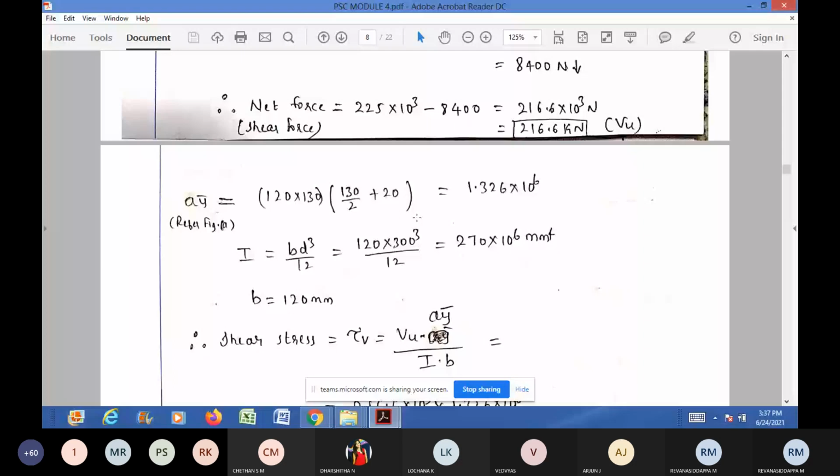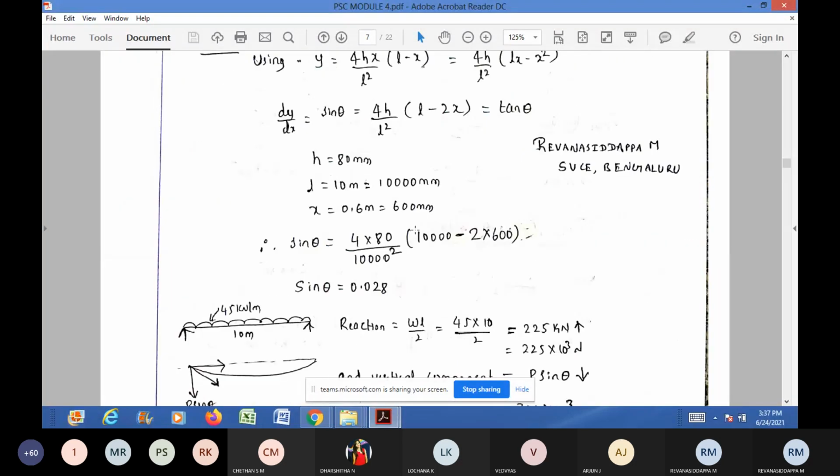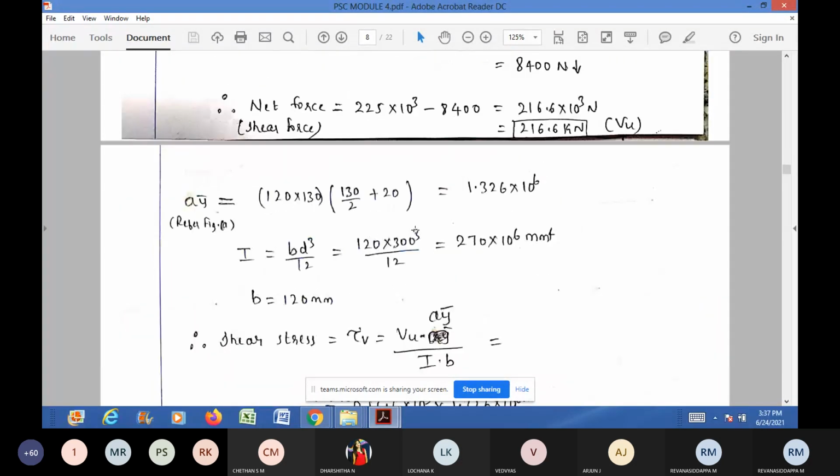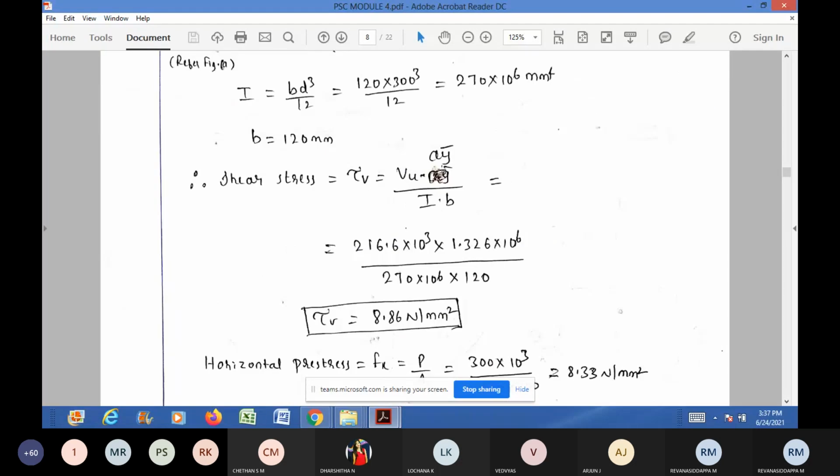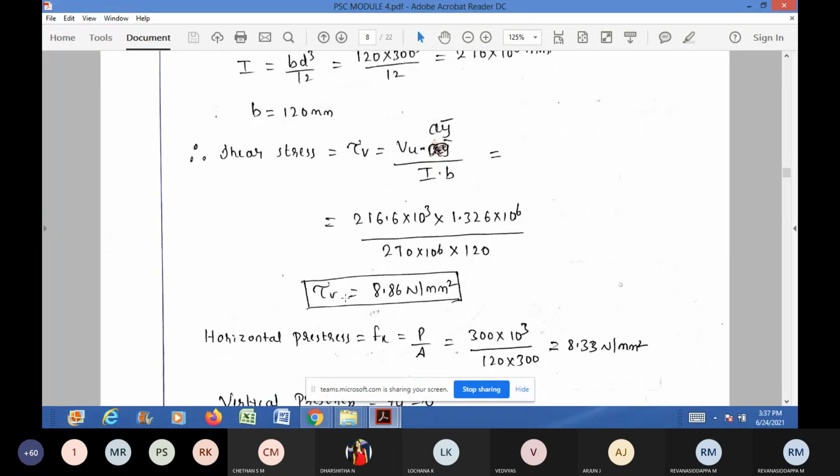Now in the tau formula, VU is known. AY bar we have calculated, moment of inertia we have calculated, and the width of the beam is known. Just substitute everything and you will get the shear stress tau. Calculate it.